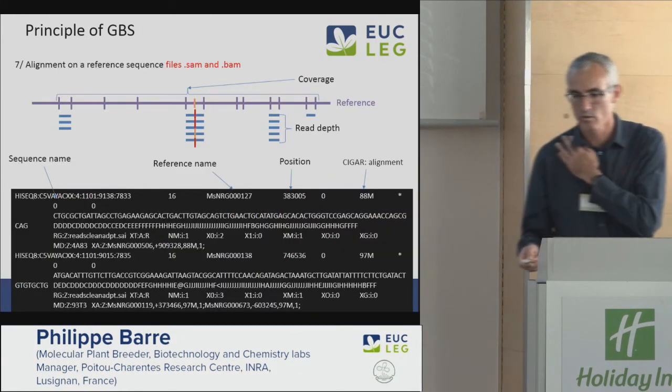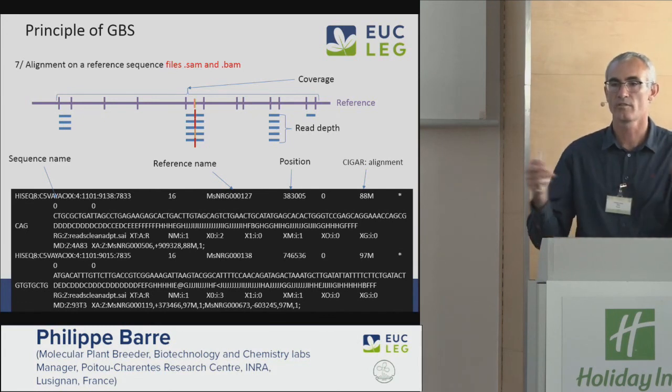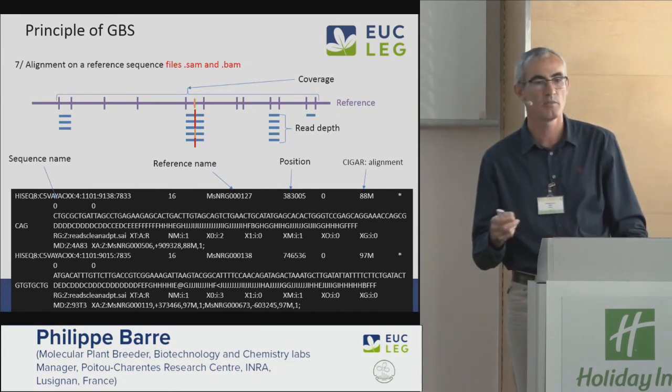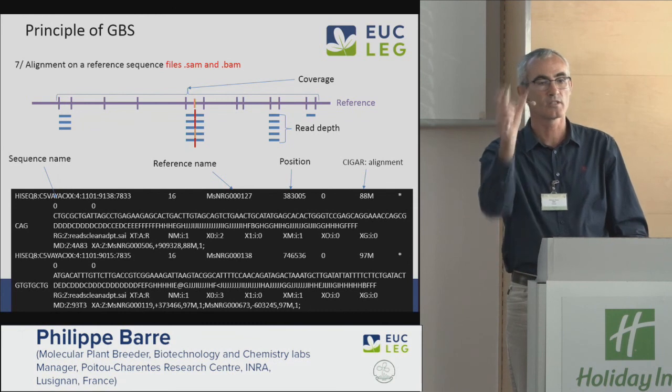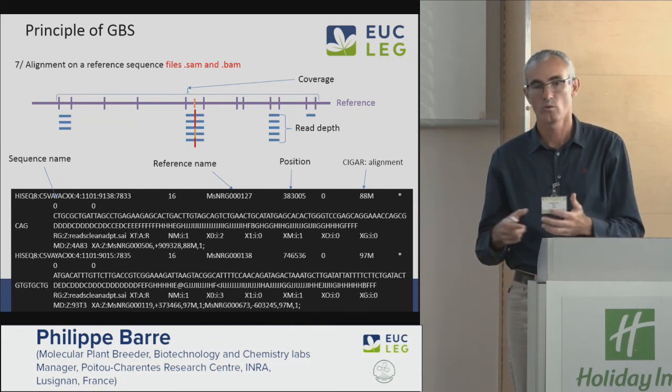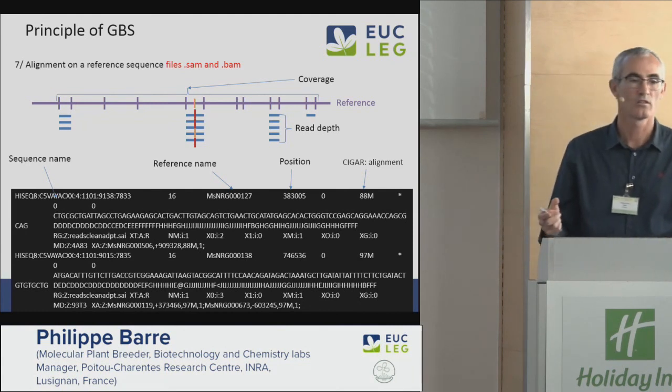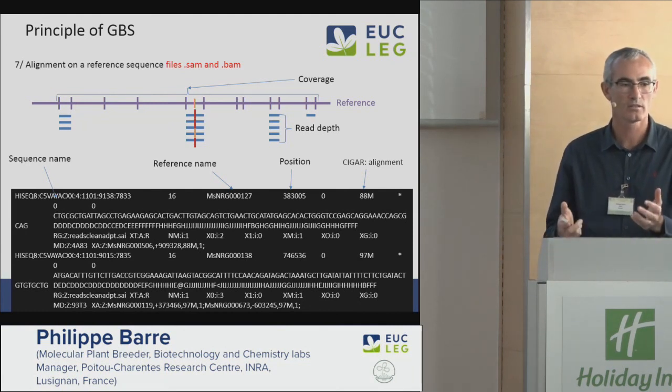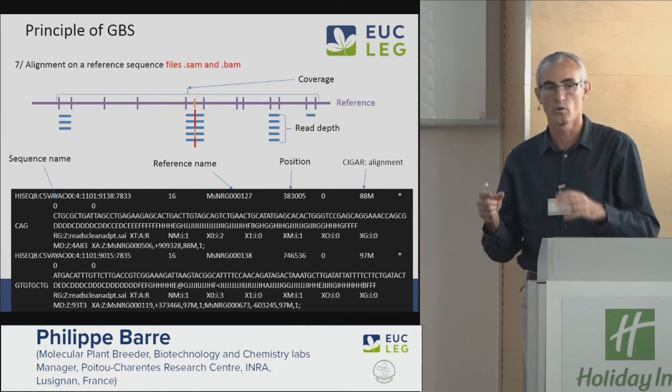So next step: okay, I have maybe 10 million clean sequences, and I'd like to know where they are in the genome. So you make an alignment by homology.